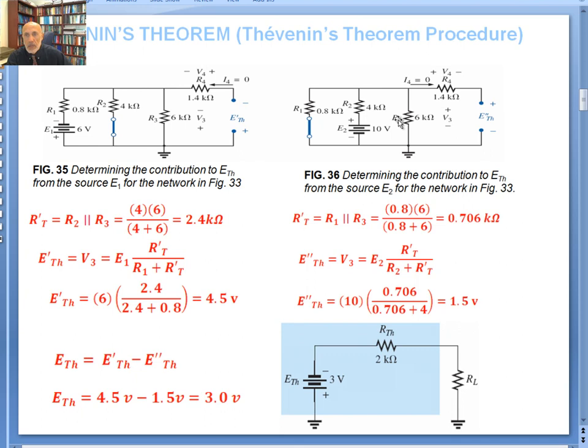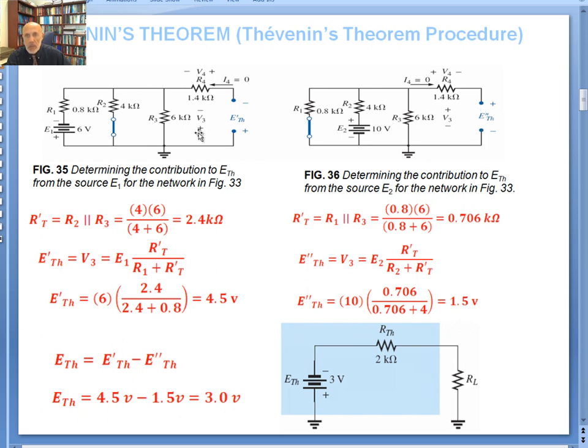These two are connected in parallel, 0.8 and 6, that gives you 0.706 kilo ohms. Now 10 volts is going to split up between R2 and the combination of R1 and R3, which is 0.706. So it would be 10 times 0.706 divided by 0.706 plus 4K. That gives you 1.5 volts.